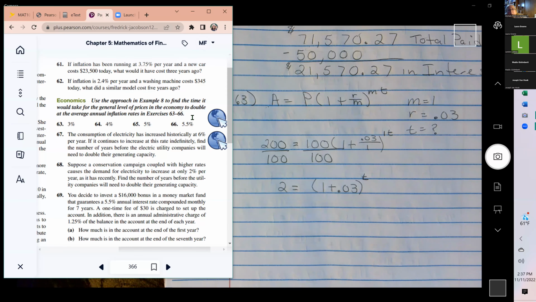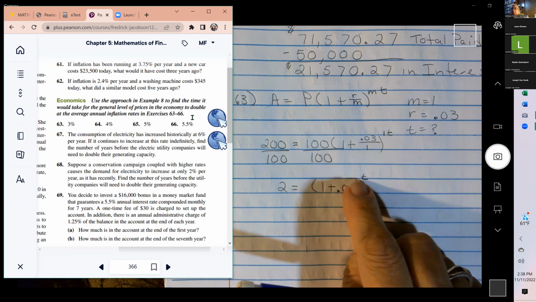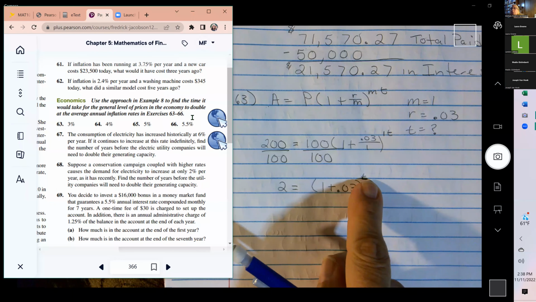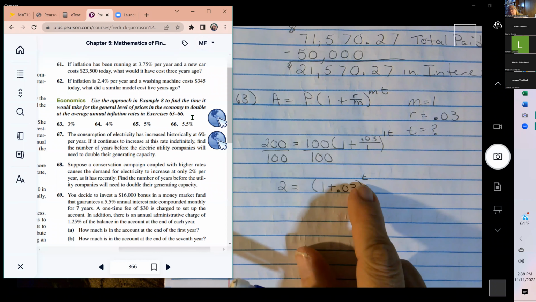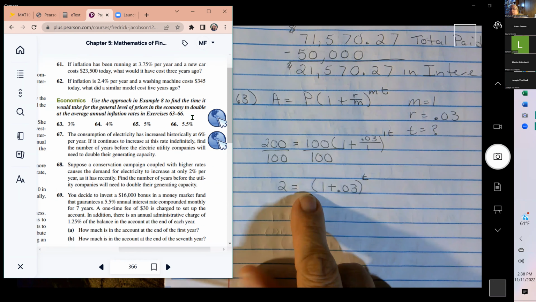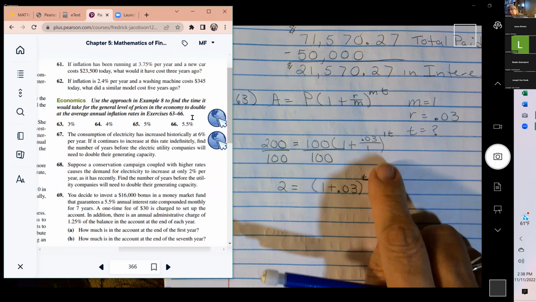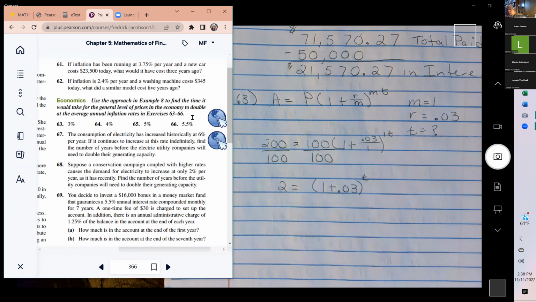Any questions on that part? Notice the variable in the exponent. If you recall from chapter 4, when we had a variable in the exponent, what did we do on both sides so we could bring that variable down? Anyone remember?